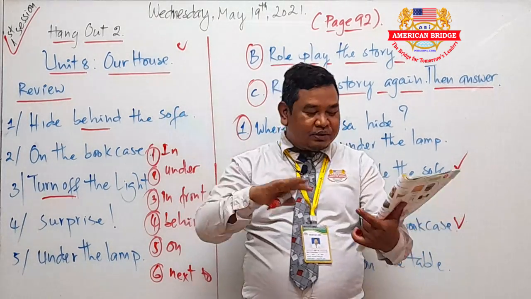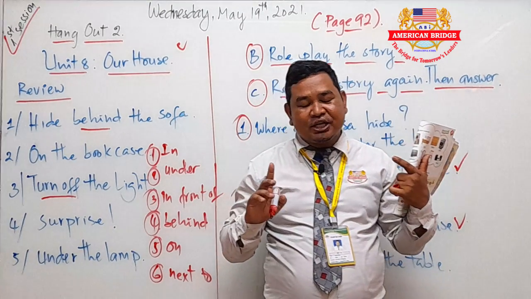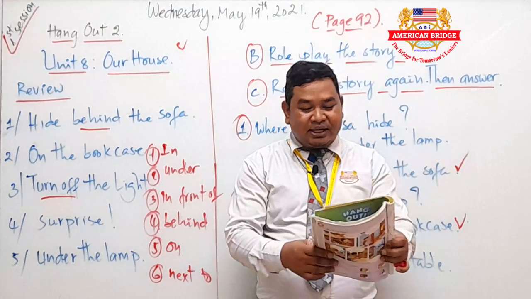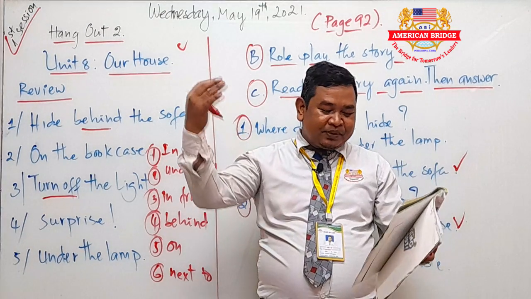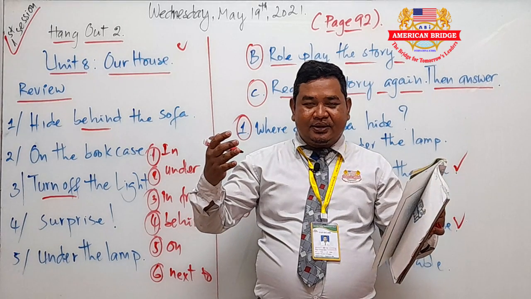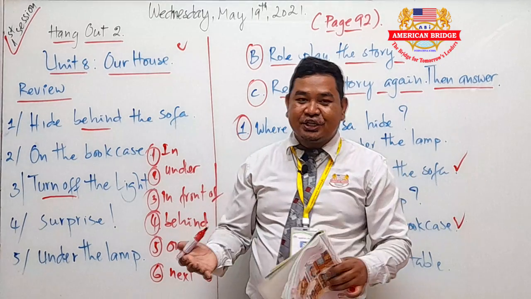Make sure of the things that you are going to know today. One, you have to know the things in the house, like table, chair, sofa, book, lamp, fan, air conditioner.